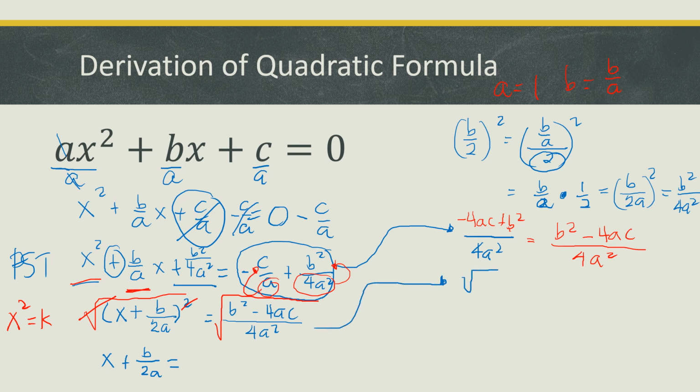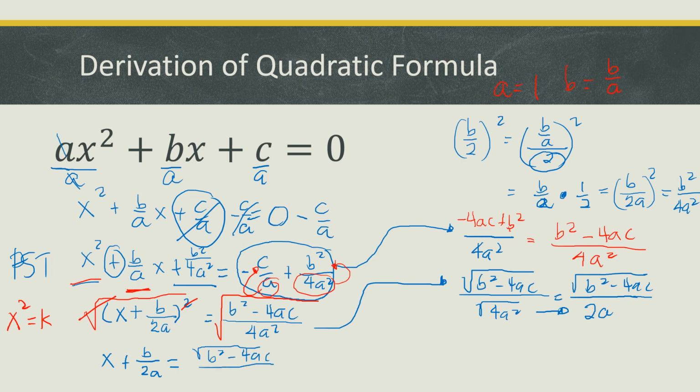The square root of b squared minus 4ac cannot be simplified, but the square root of 4a squared can be simplified, as the square root of 4 is 2 and the square root of a squared is a, so 2a. So we have the square root of b squared minus 4ac all over 2a.